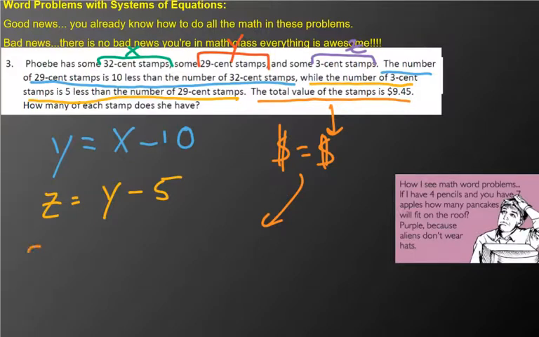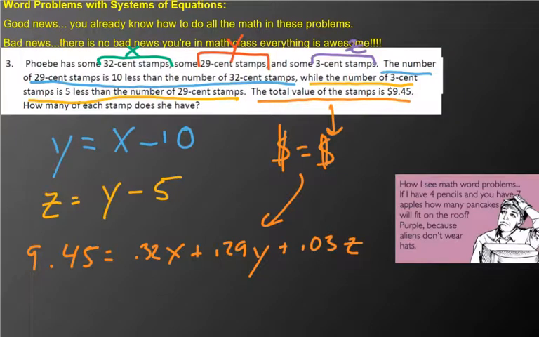So basically 9.45 would equal 0.32 times however many of those stamps were sold, plus 0.29 times however many of those were sold, plus 0.03 times however many of those were sold.